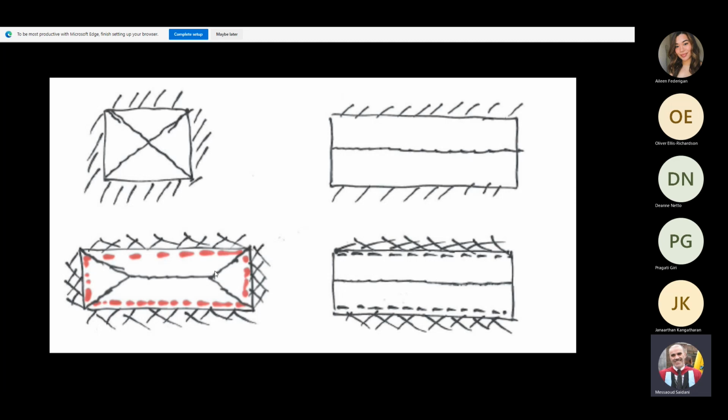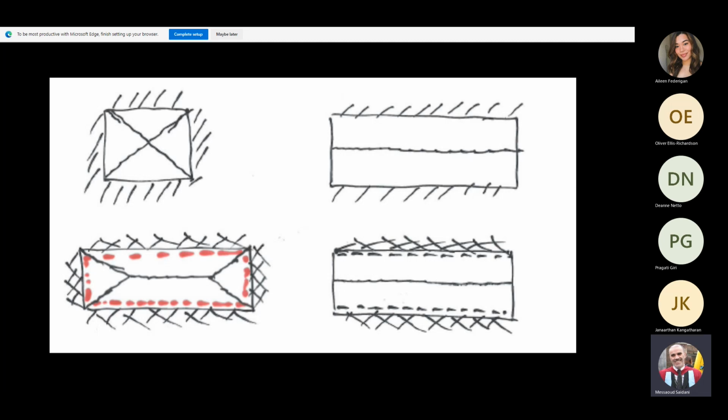What's in red? If it's fixed, what have you got at the edges? If the slab is fixed at the edge, what have you got at the edges? If you have a propped cantilever, what have you got at the support? You have a moment. So if the slab is fixed at the edge, what have you got there? A moment. Positive moment or negative moment?